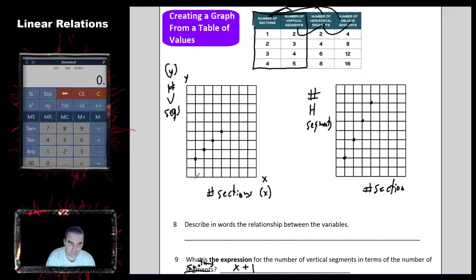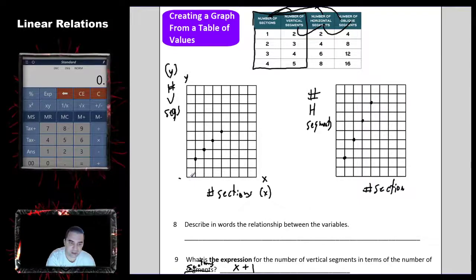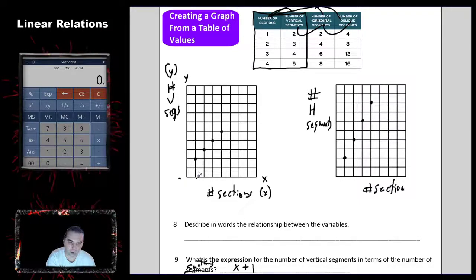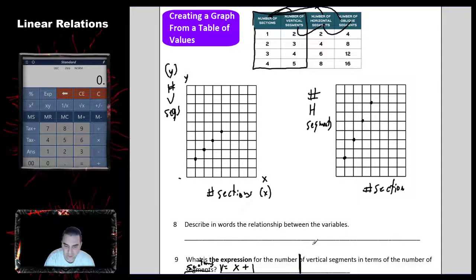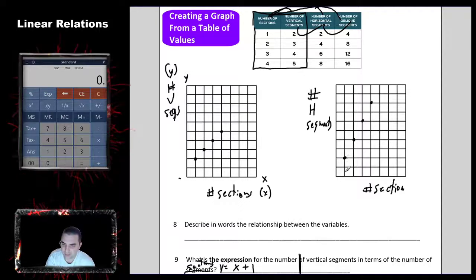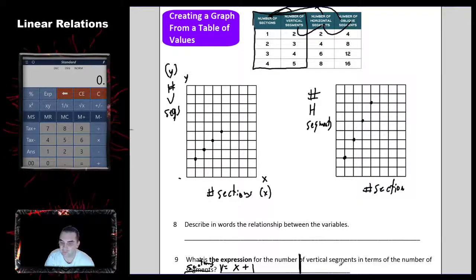So that, just to show you, if x was 1, then my y value would be 1 plus 1 is 2. If my x was 2, then it would be 2 plus 1 is 3. So it's just x plus 1 is what my y would be. I'm going to quickly just do the other one too. Here we have the number of horizontal segments, and what I notice is that it doesn't start off with an extra number, but it goes up by 2 every single time.